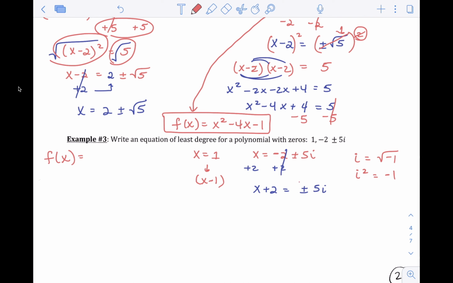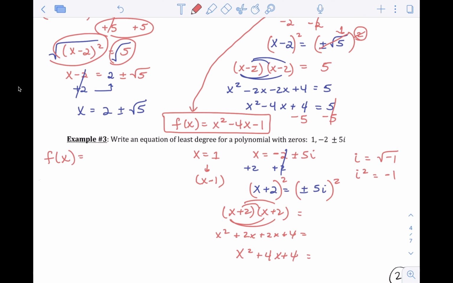All right, so we're going to square both sides. Gotta keep it balanced. So on the left side, we take x plus 2 times x plus 2, and we FOIL it out. x squared plus 2x plus 2x plus 4. So we have x squared plus 4x plus 4 on the left-hand side. On the right-hand side, a positive and a negative squared don't do anything.